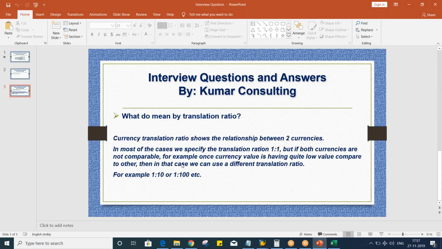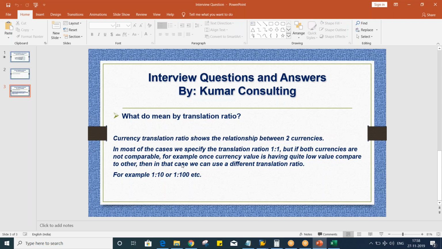Whatever I said, I've specified here: the currency translation ratio shows the relationship between two currencies, right? But in most cases, we specify the translation ratio 1 is to 1. But if both currencies are not comparable, for example, one currency has quite a low value compared to the other one, in that case, we are going to use a different translation ratio.